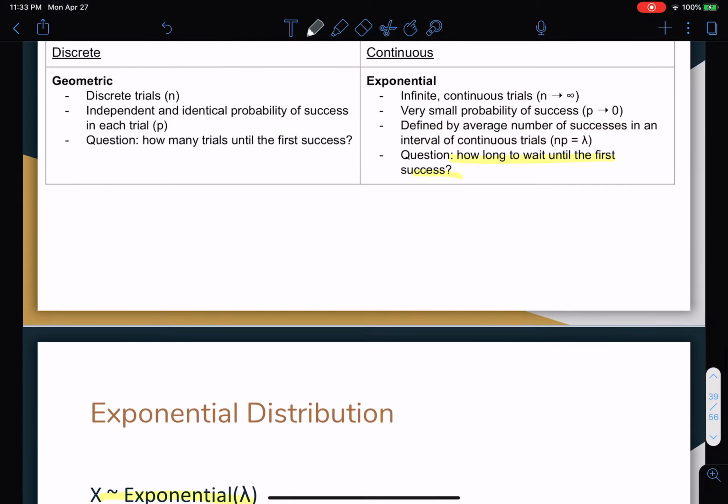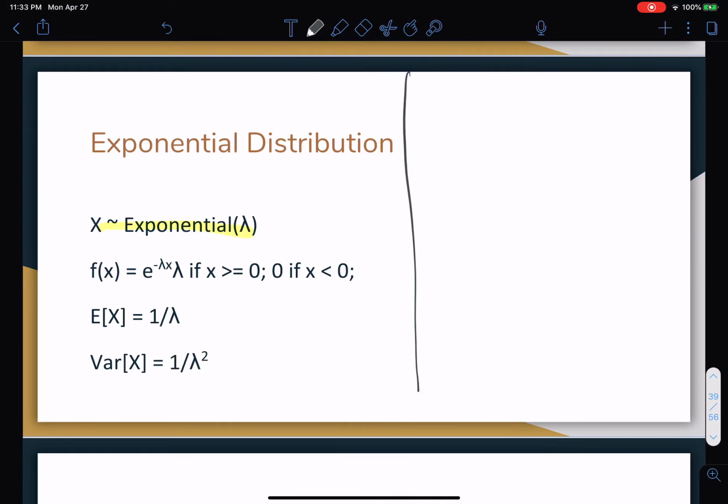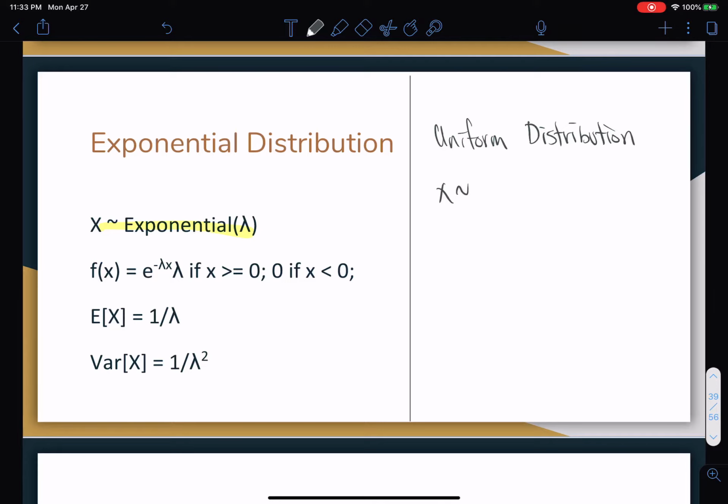Now, I've left out the uniform distribution, so let's put it right next to here. Uniform distribution. The way we write it, we usually say x is uniformly distributed on a and b.